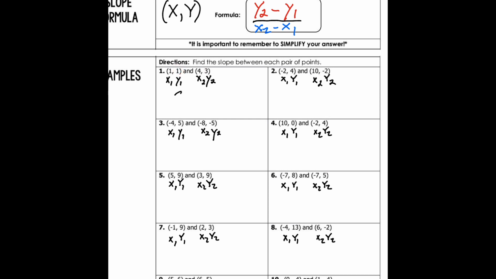So I'm going to put that 3 minus 1. For my denominator on the bottom, it says x2 minus x1. My x2 is 4 minus my x1 is 1.